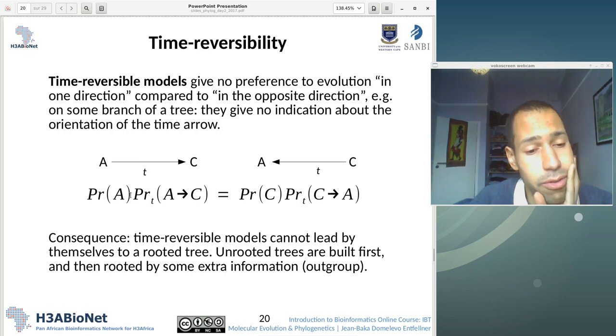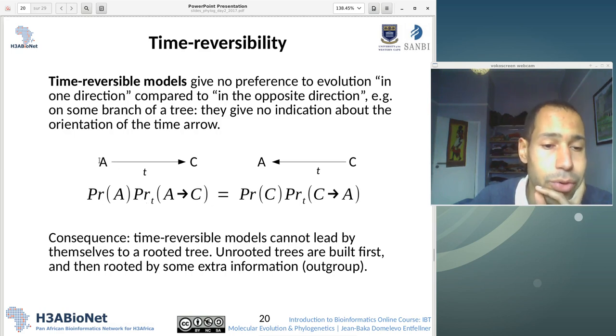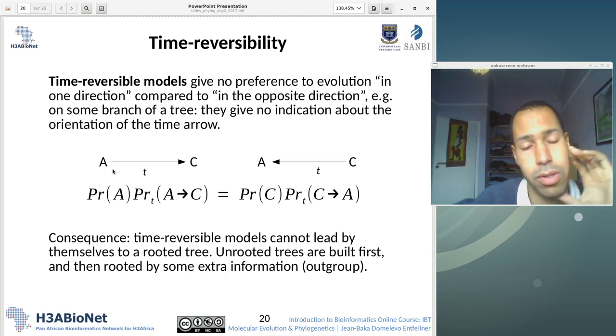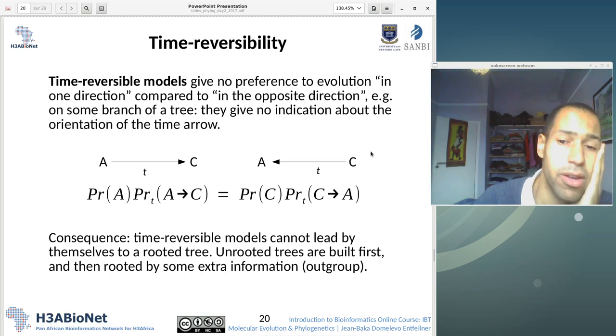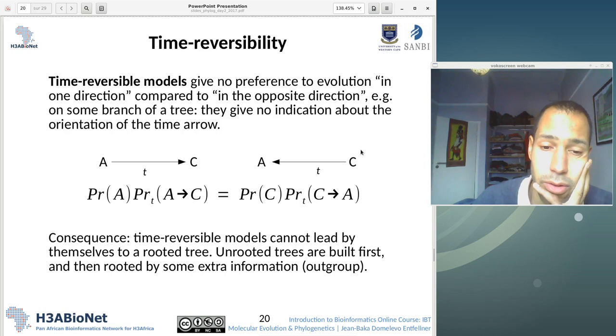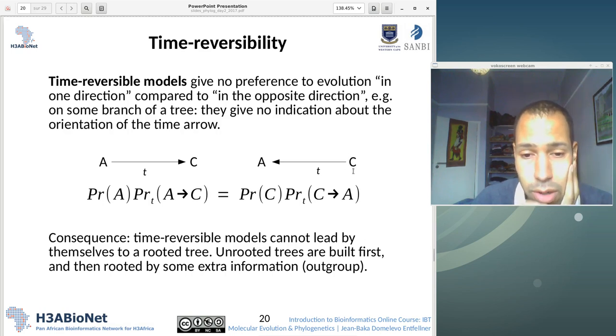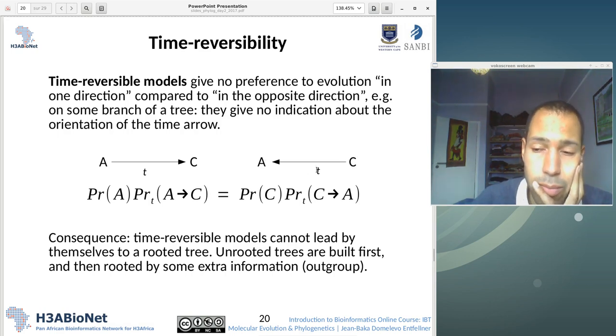So this writes this way: probability of A times probability that this A evolved into a C. So that's probability to have an A and probability to get a C after a time t. Here, the probability of this evolutionary tree is the a priori probability to have a C multiplied by the probability of transition from a C to an A over time t.